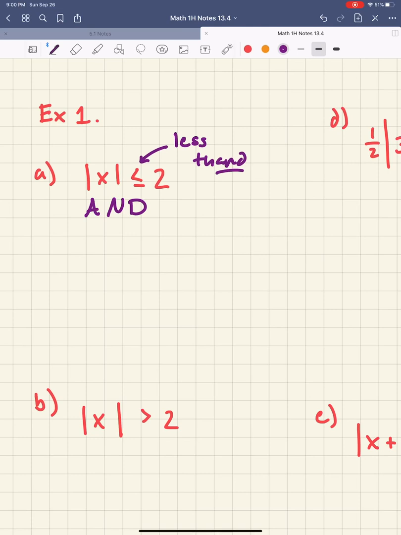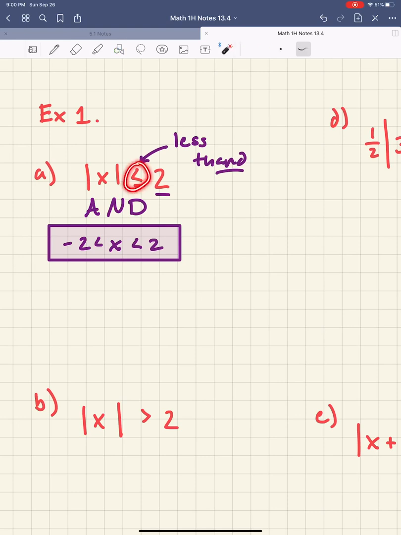So we're going to go ahead and turn this into an AND compound inequality. And remember, for those compound inequalities, the variable goes in the middle. And we've got 2 on one side because of the 2 here, and negative 2 on the other side. And then we don't have to do anything else for this one because x is already isolated in the middle there, so we're all done.